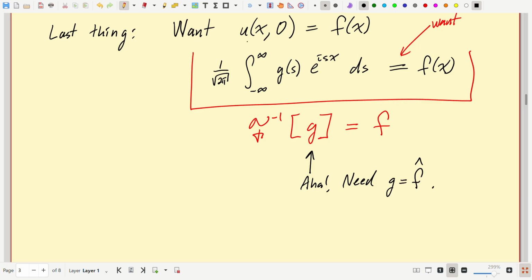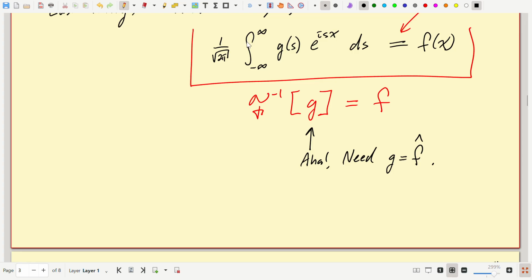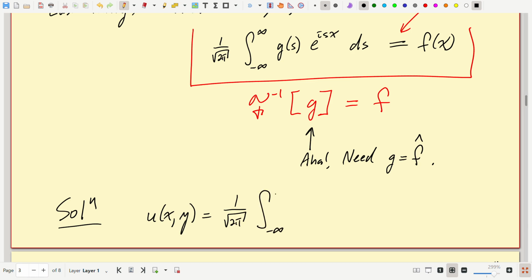And so now I think I might have a solution to the problem. Namely, u of xy equals 1 over the square root of 2 pi, integral from minus infinity to infinity, Fourier transform of f times e to the isx ds.